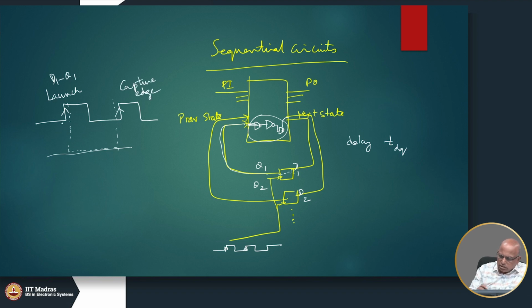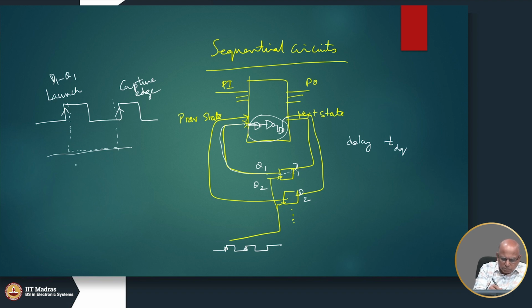So when the transition is launched from D1 to Q1, there is some delay along this path before it gets ready for D2 to get captured in the capture edge. So we would have adjusted the total clock period. Okay.